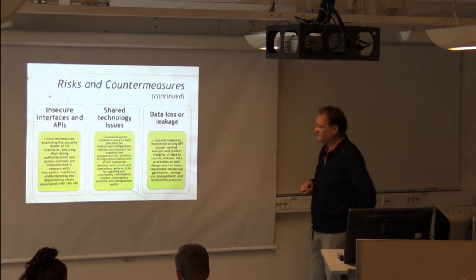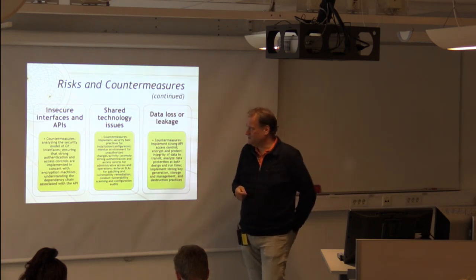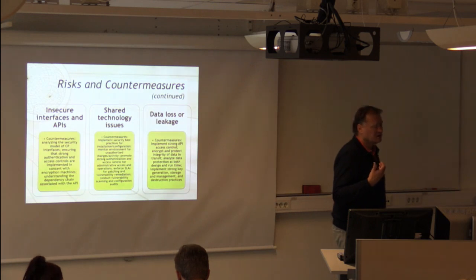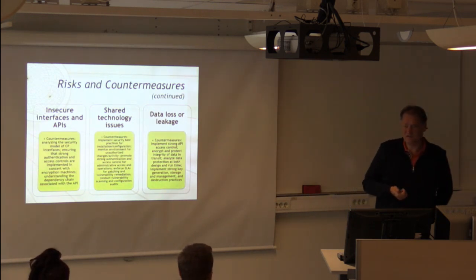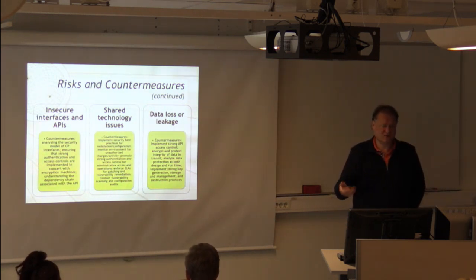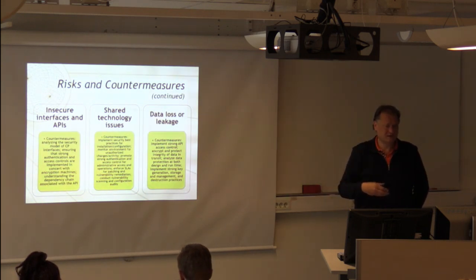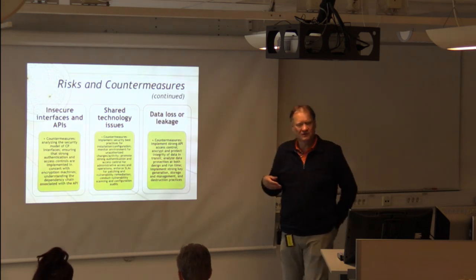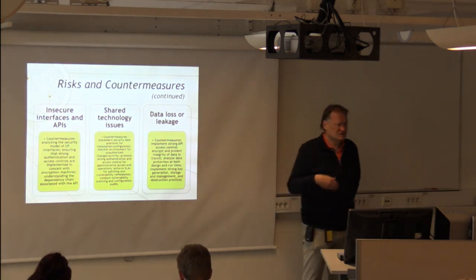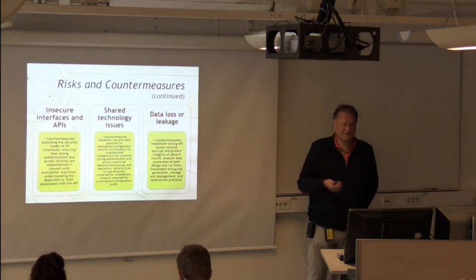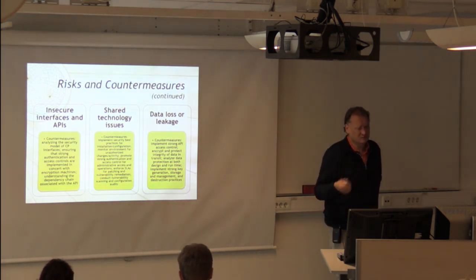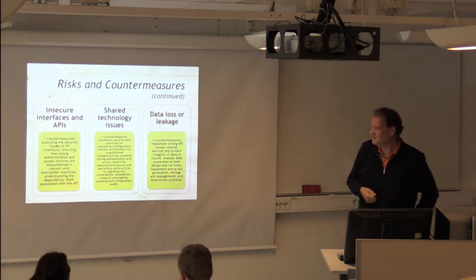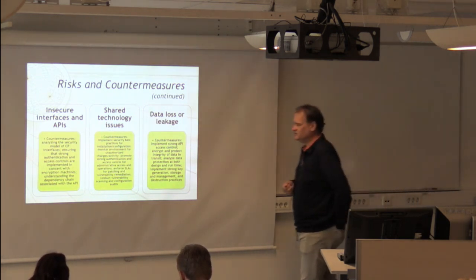Then we have insecure interfaces and APIs. I mean, a cloud is a visible resource. It has to be visible. It has to be on the network. It has to be accessible from anywhere. So there are lots of interfaces. And in order to orchestrate, in order to set it up, you typically have different APIs so you can automate and you can do things in a quick and efficient way.